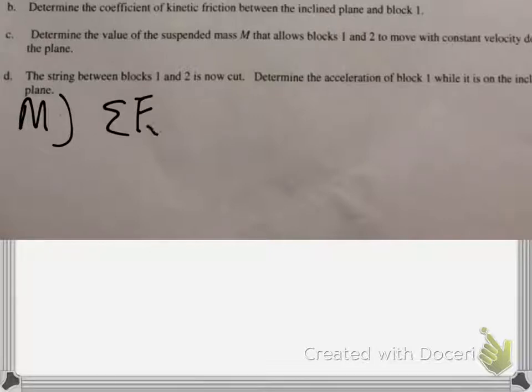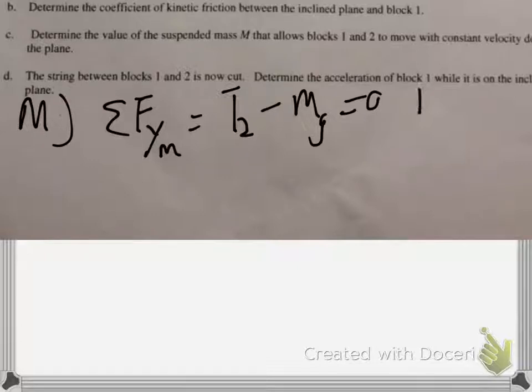The forces here are pretty easy. According to my definition, this is T2 minus mg is equal to 0. So T2 is equal to mg. Now we cannot use capital M in our equations, and we cannot use T.